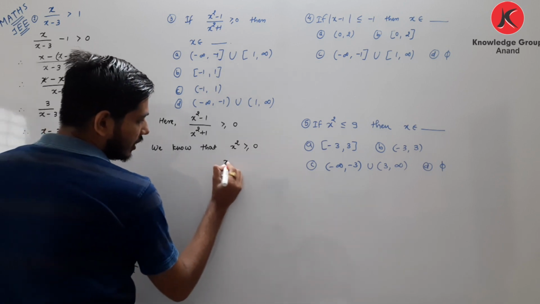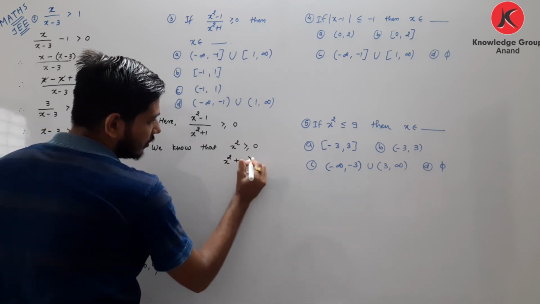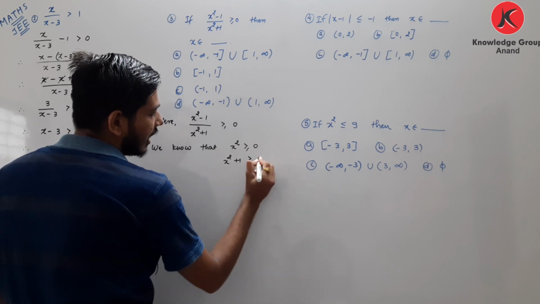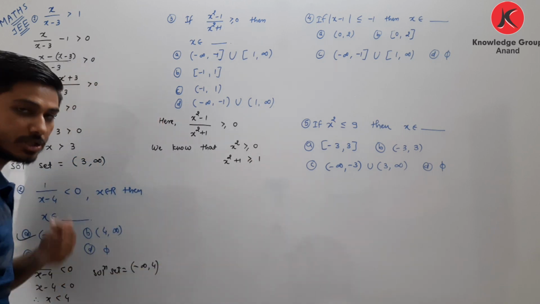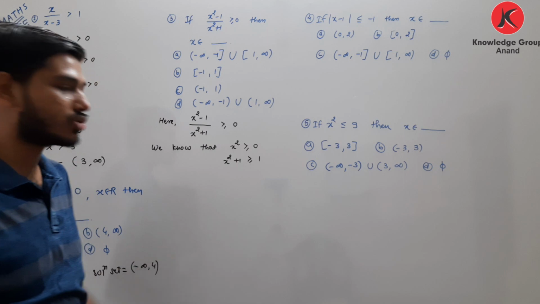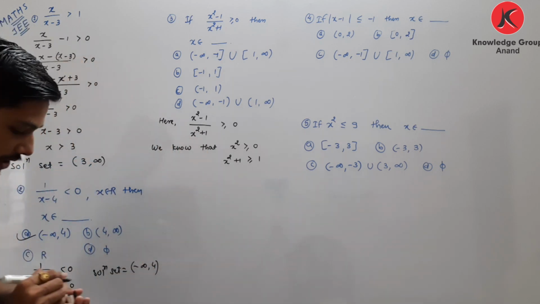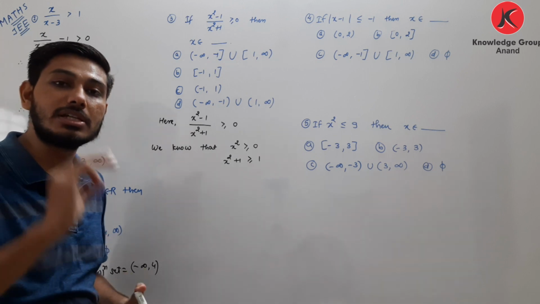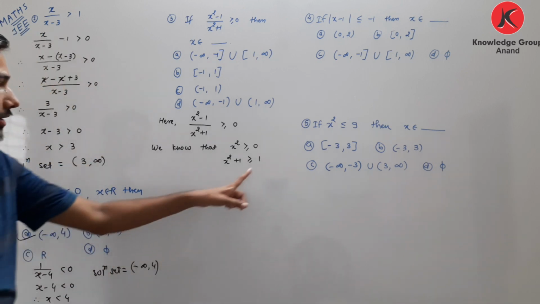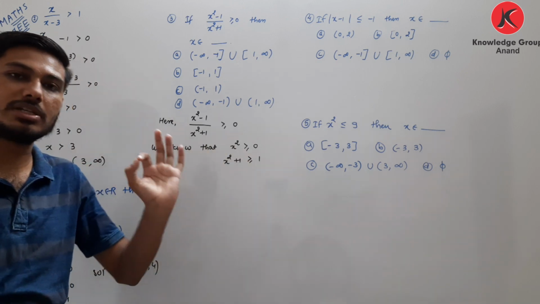And if we add 1 on both sides, then we get x square plus 1 is greater than or equal to 1. Therefore, we can say that x square plus 1 is a positive term.